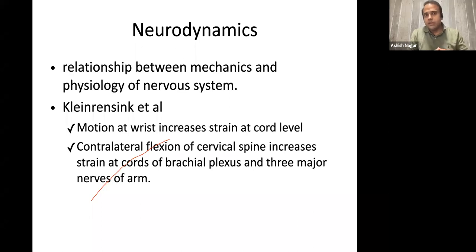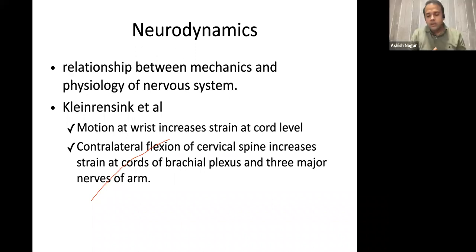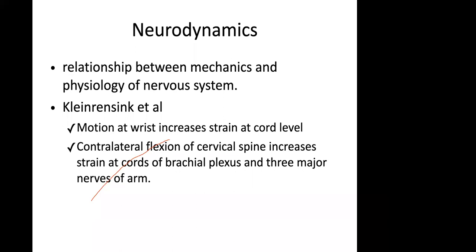And the physiology could be intraneural or extraneural. Intraneural means the changes that are taking place within the nerve. So when you apply a certain force, it results in some changes that take place in and around that nerve. That relationship is called neurodynamics.